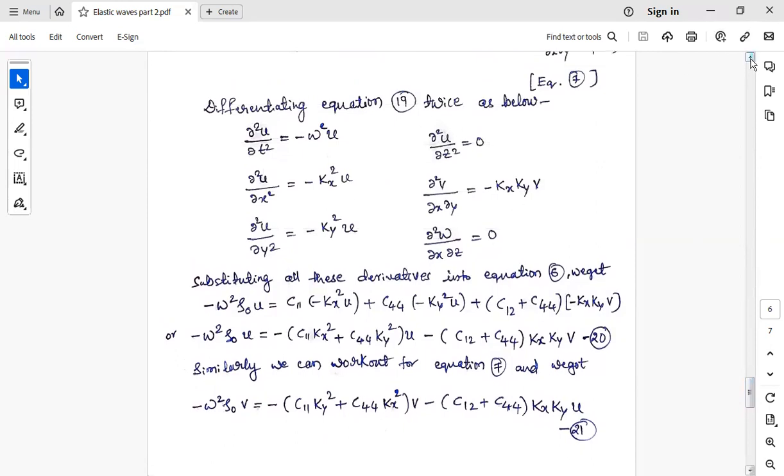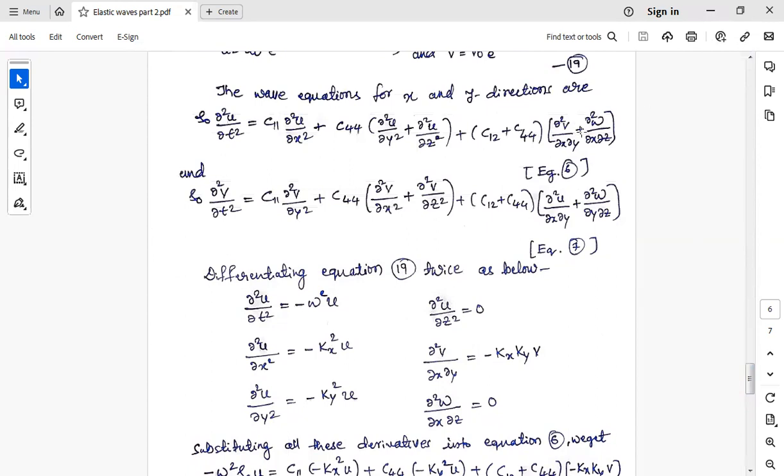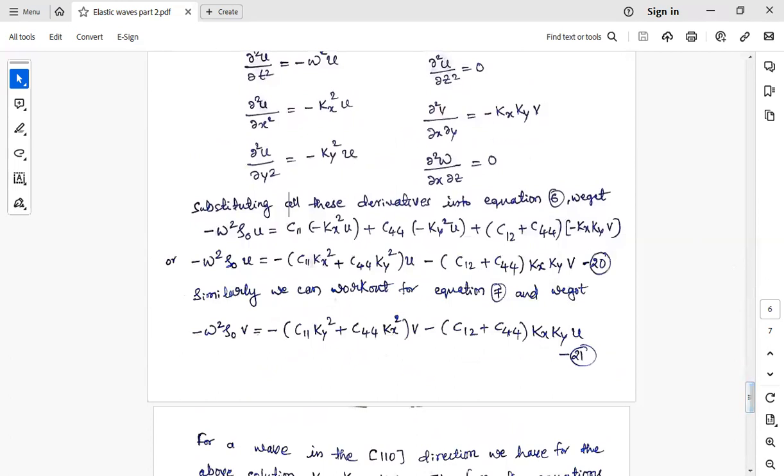into equation 6. This is equation 6, and you see what happens. Here it was dou square u by dou t square, you substituted its value. Here the dou square u by dou x square value, dou square u by dou y square, and it is dou square v by dou x dou y. All these things you substituted in equation 6, and u is common, so minus n is there.